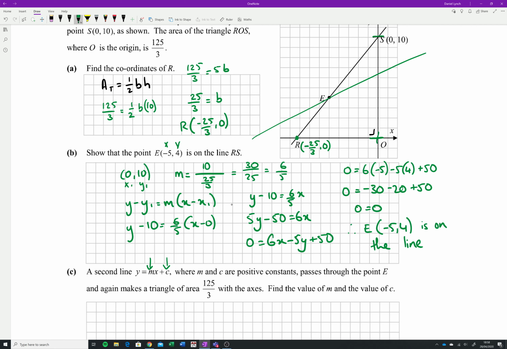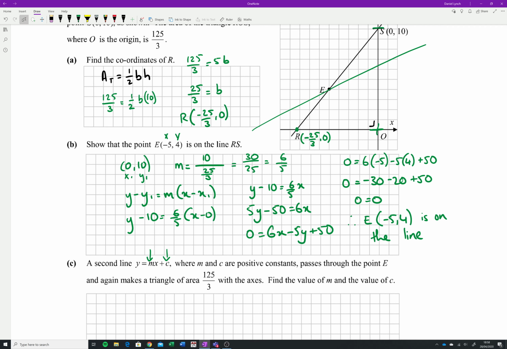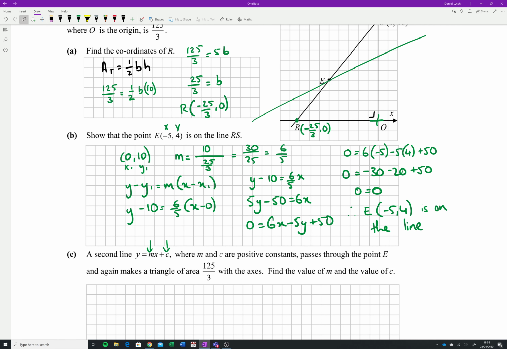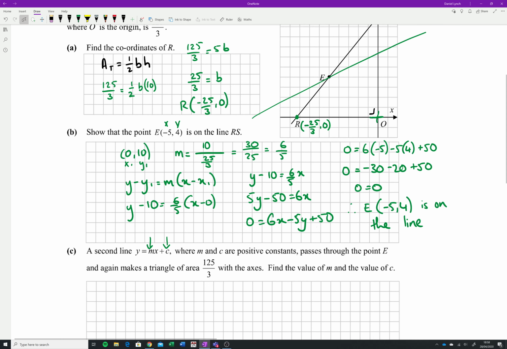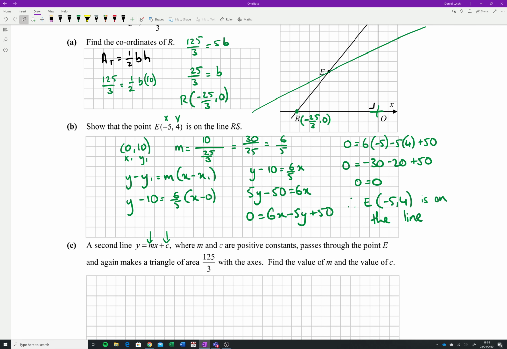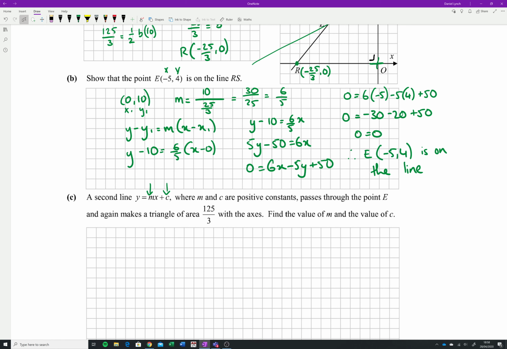Okay, and what it says about this thing here is that it makes another area of the triangle here. So what do we know? We actually don't know very much about this line here. We know that E goes through it. Okay, that part we can say, or that E satisfies the equation. Just a reminder that E is -5, 4.